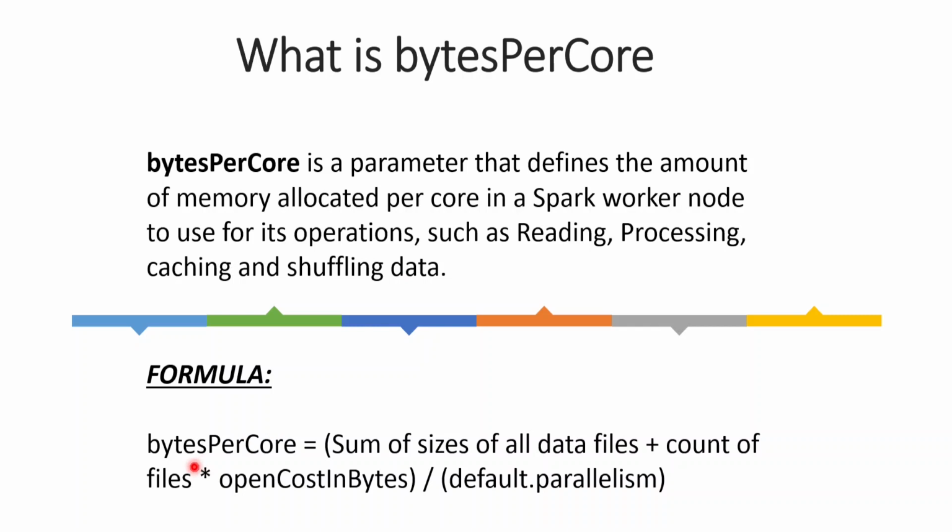And the formula is: bytes per core equals the sum of sizes of all data files plus the count of files multiplied by the open cost. Let's say we have 20 files, and in order to pack those 20 files, we need 4 megabytes for each file. So 20 files multiplied by 4, all divided by the default parallelism, that is by default the number of cores. This is the formula for bytes per core.